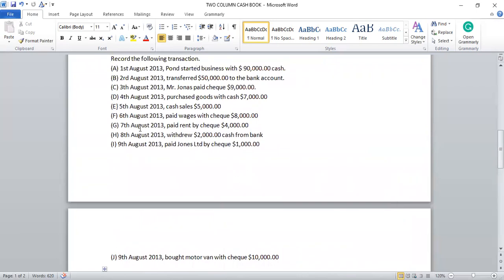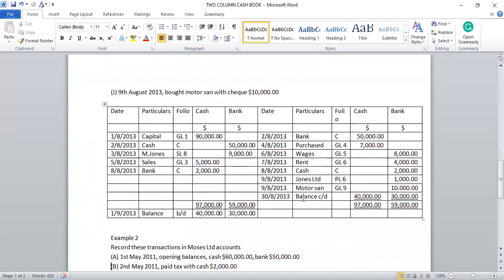The next one, 8th August 2013, we drew $2,000 cash from bank. So it's also a contra entry because it's a transaction between the cash and the bank. So let us look at it. So we come here, date 8th August 2013.